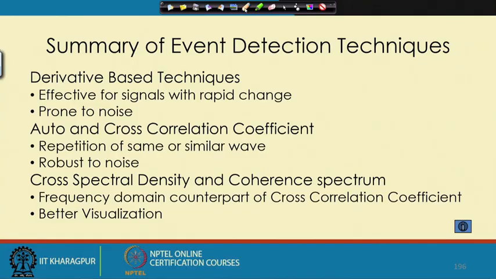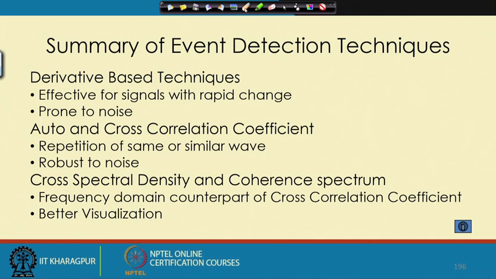After the derivative filter, we also need to use some sort of low pass filtering, because we may get multiple peaks, and we merge them to get a single peak to catch the single event that has occurred. So, that is about the derivative based filtering.